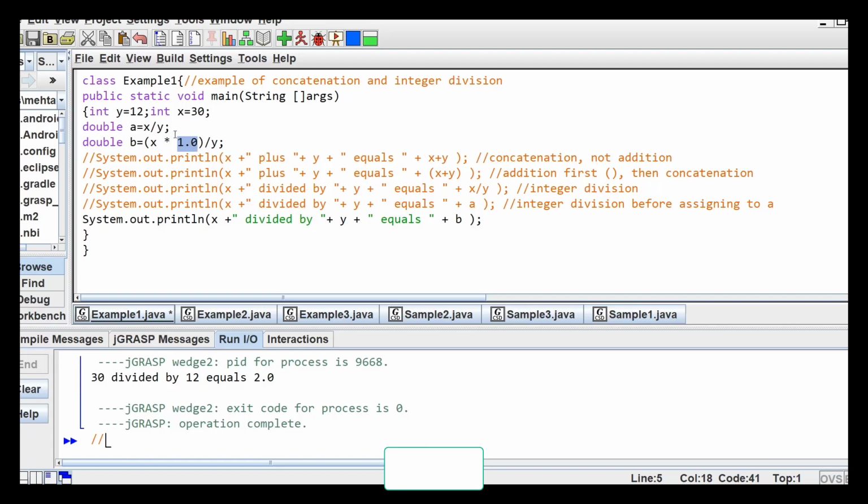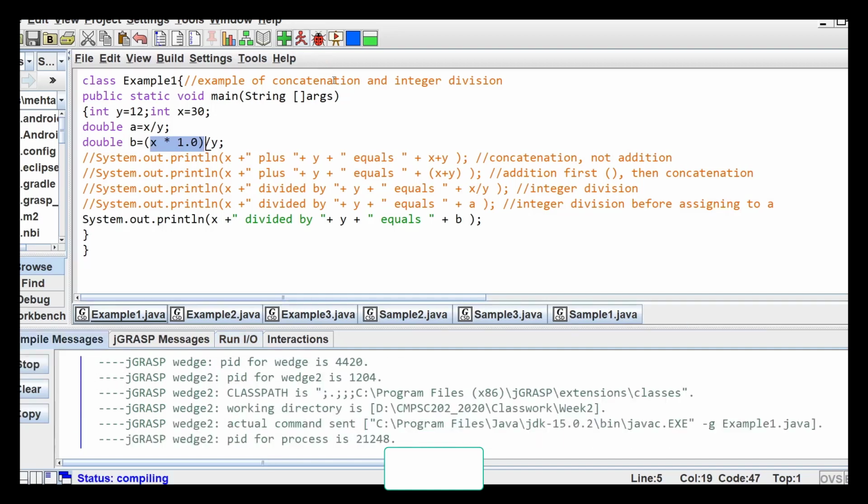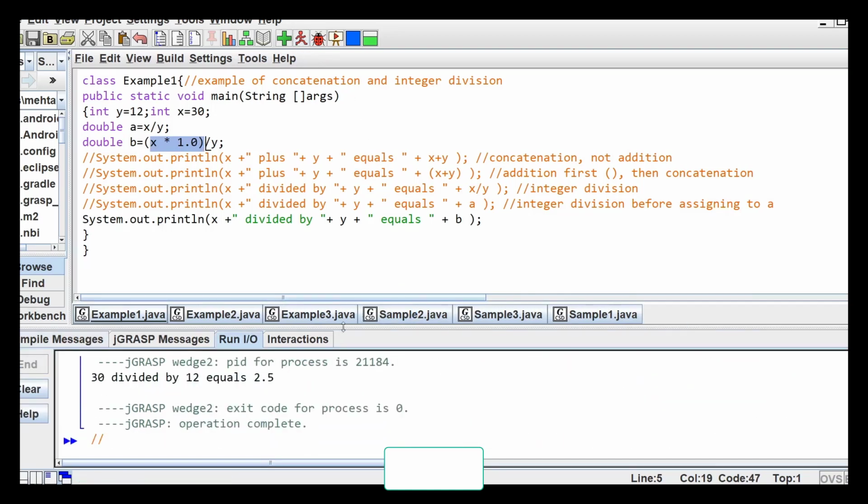So I've got an int multiplied by a double, which produces a double. So my numerator now is a double divided by an int, so the result is a double, and when I run this, I get the right answer.